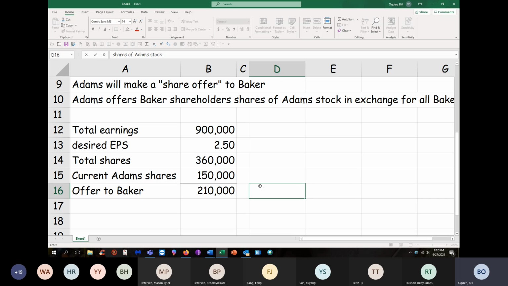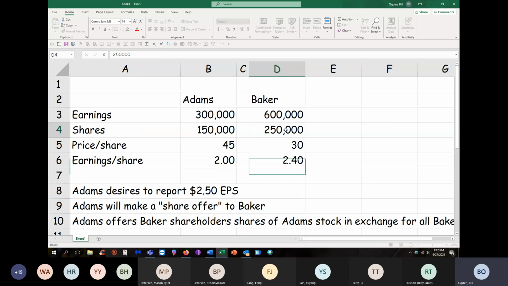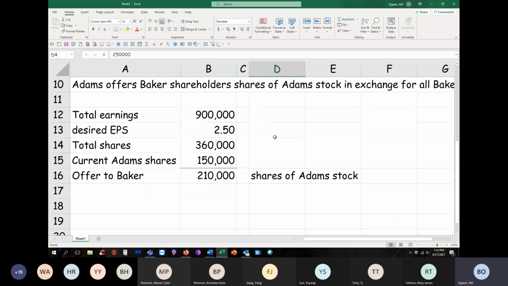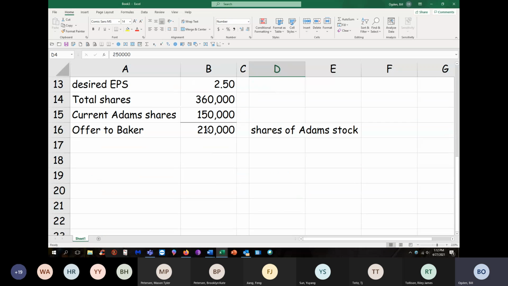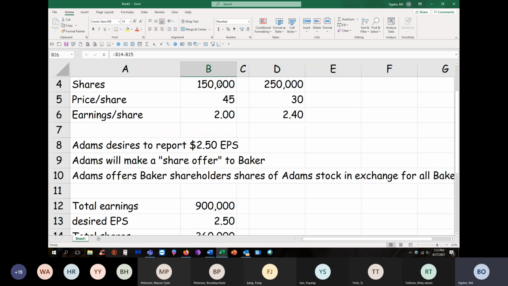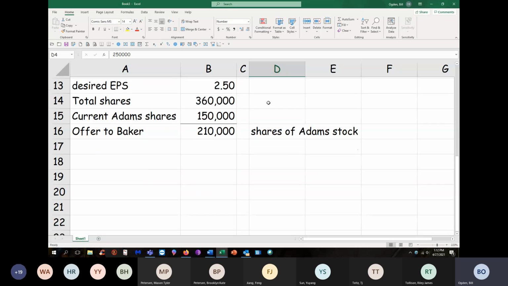They will give up their 250,000 shares of Baker stock in exchange for 210,000 shares of Adams stock. Do we see that? So some people will say, wait a minute, where's the other 40,000? I have 250 here and I'm only getting 210.